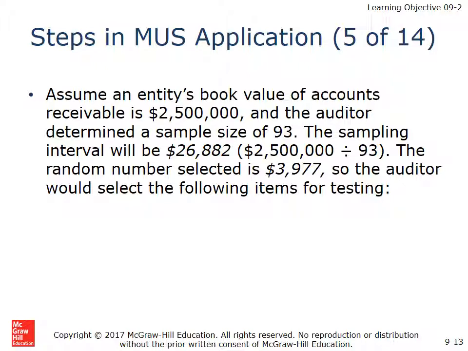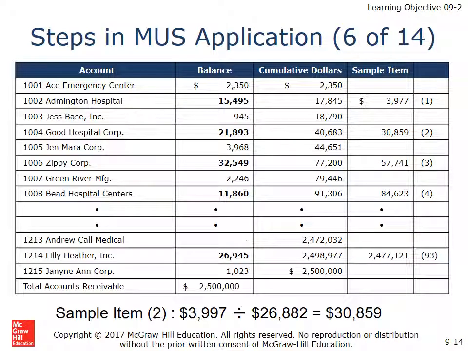A random number is selected to begin selecting the sample, and that is 3977. So here's how the auditor would select the samples. Which items? They'll go to the accounts receivable balance that starts at 3977.